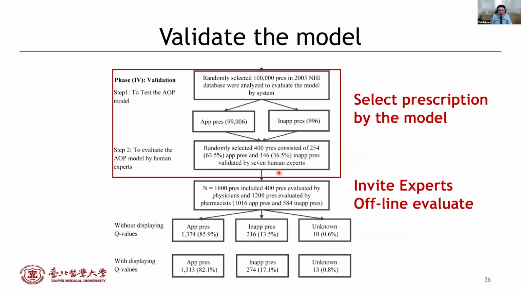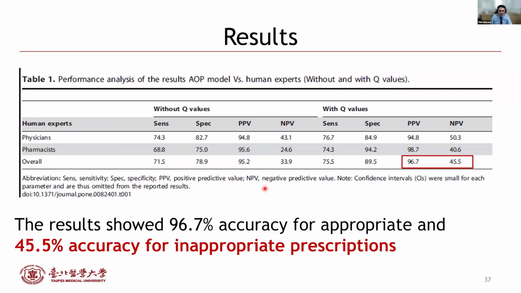So if you have an equation, you need to validate the model. Validating the model means you need to invite the expert to validate your model, so we invite the expert offline to evaluate our model. Finally, in short, our model performance is 96.7% accurate for appropriate and 45.5% accurate for inappropriate prescription.